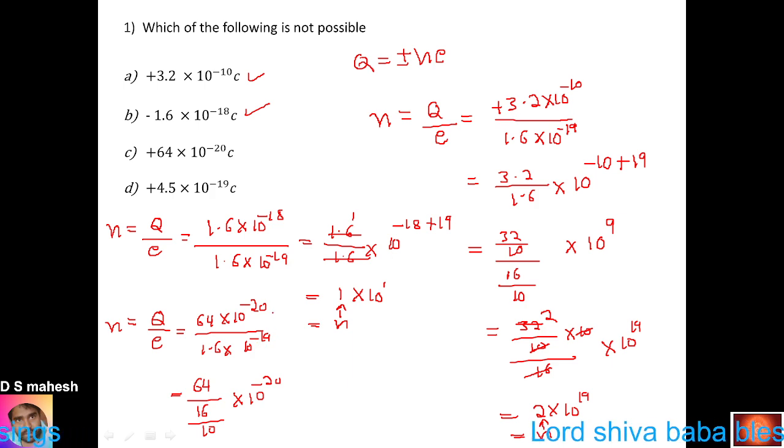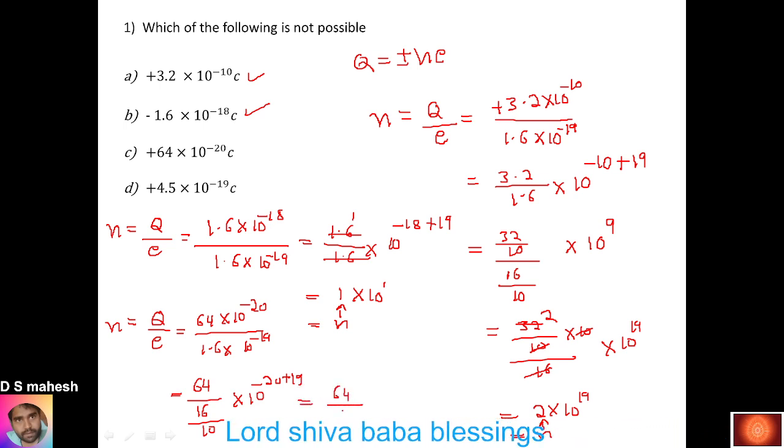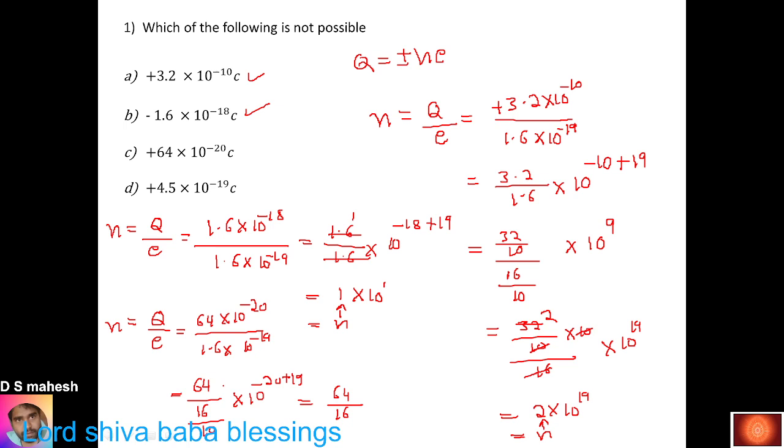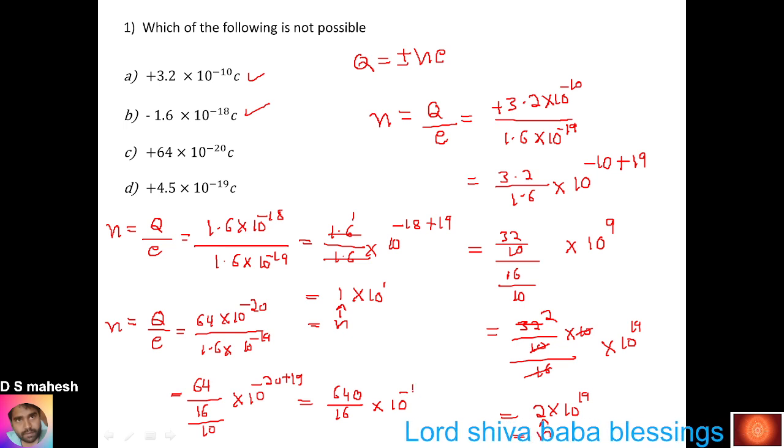When you take this minus 19 above, this becomes plus 19. So this is 64 divided by 16. When it comes above, 10 will be multiplied with 64. That becomes 640 into 10 to the power of minus 1.